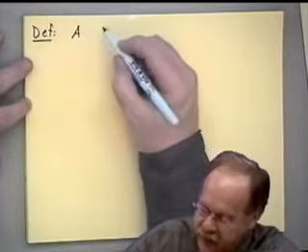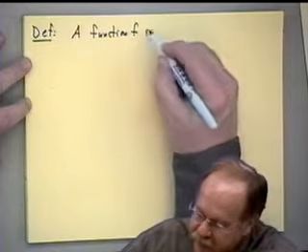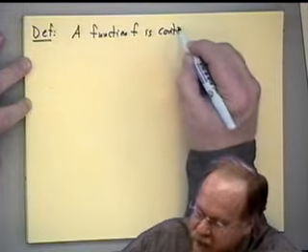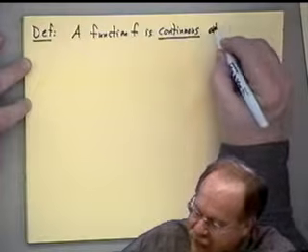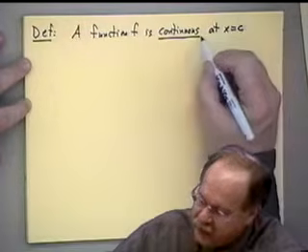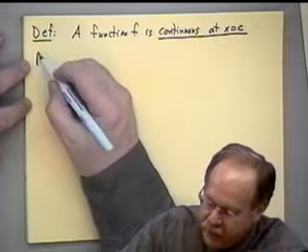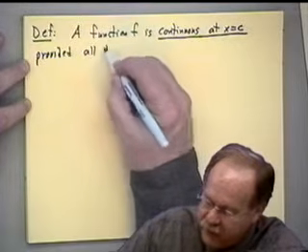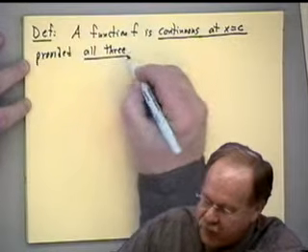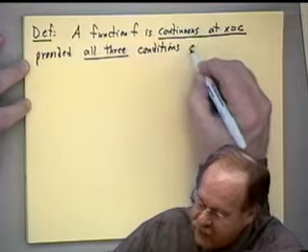So here's the definition. A function f is so-called continuous, that's the word being defined, at the point x equals c, a given point, provided all three of the following conditions are met.